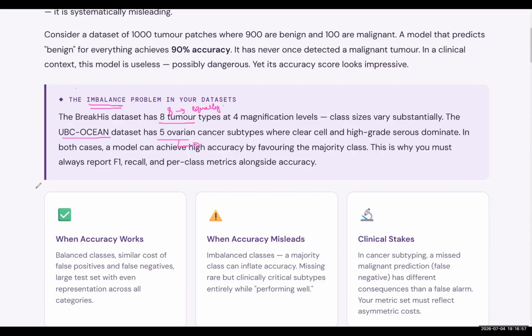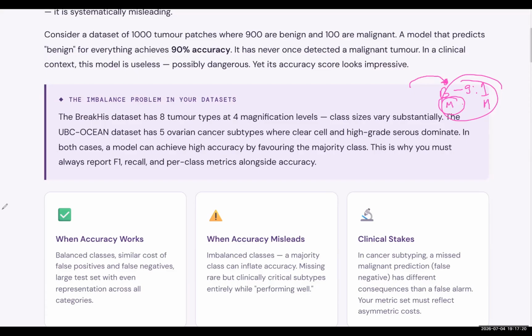So when you rely only on accuracy, as you saw, for example, benign and malignant were not balanced. We had a 9:1 ratio of benign to malignant. At that time, the model was giving accuracy for benign, even though none of the malignant was classified.